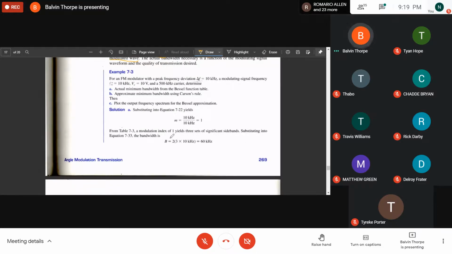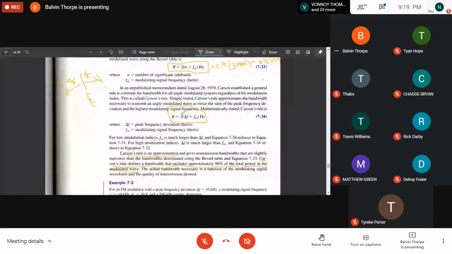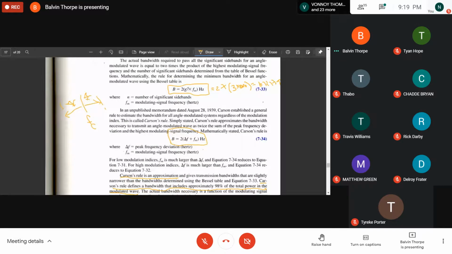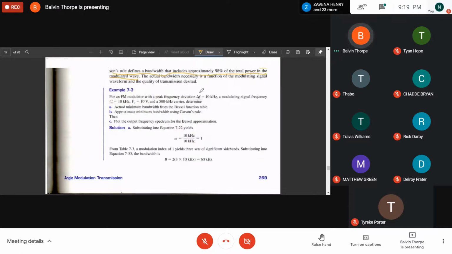Bessel function, remember, is B equals to what? Bessel says it's 2 times N times FM. Okay, based on what we're given here, what is N?